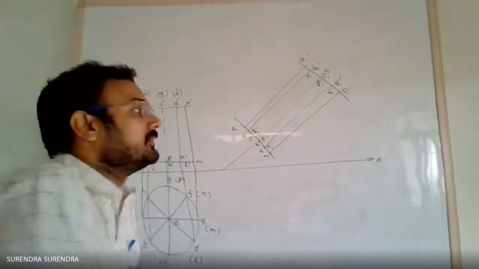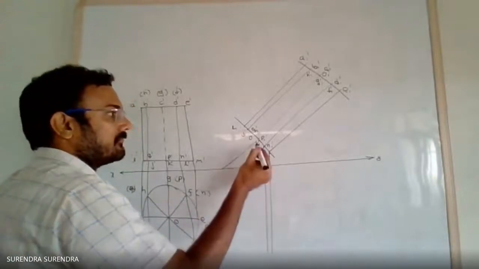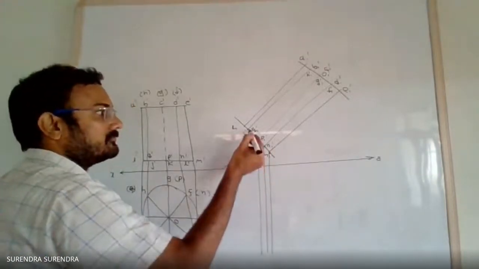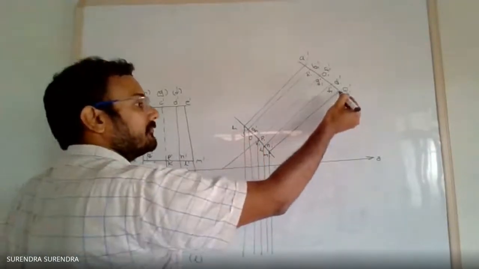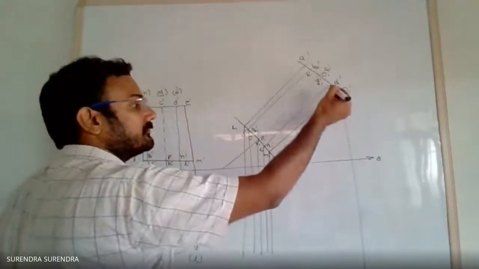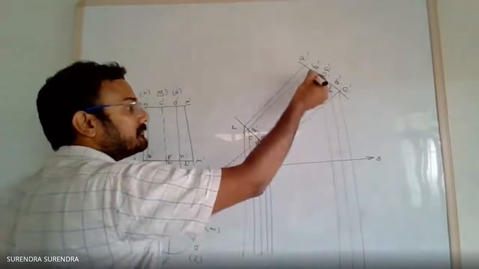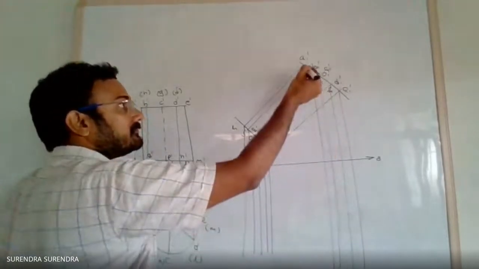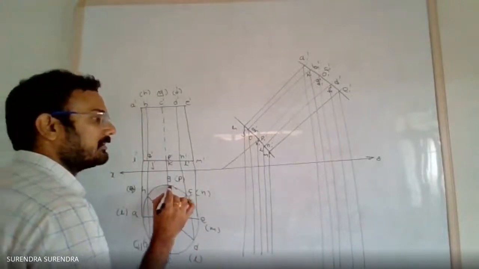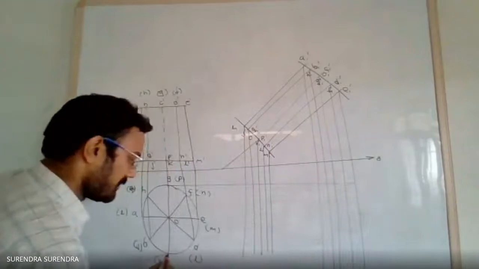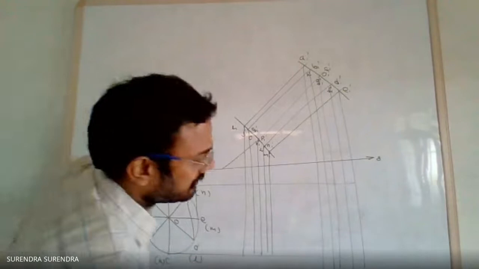Third step. Draw the projections from each and every point, from the top view and from the front view, and parallel lines from the top view.